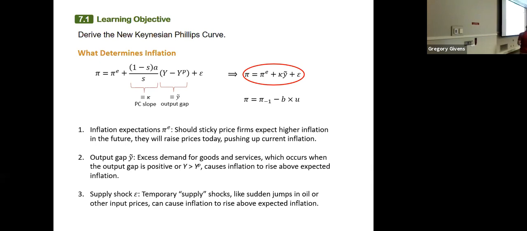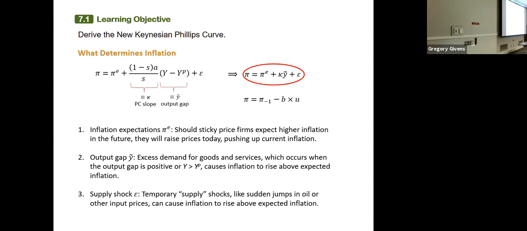The other is the output gap. Anytime there's excess demand for goods and services, which tends to push output above potential output, that's going to elevate firms' marginal costs. Now, not every firm in the economy can actually respond to that development.